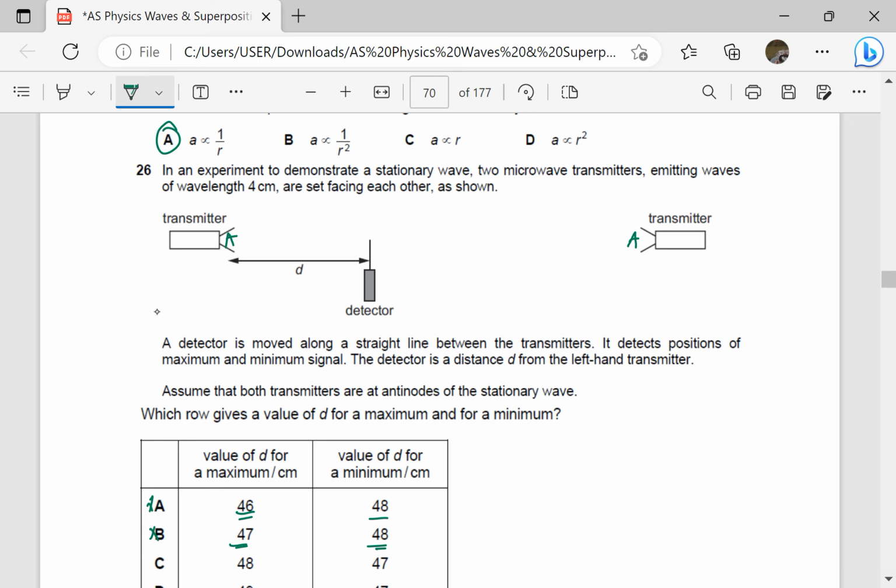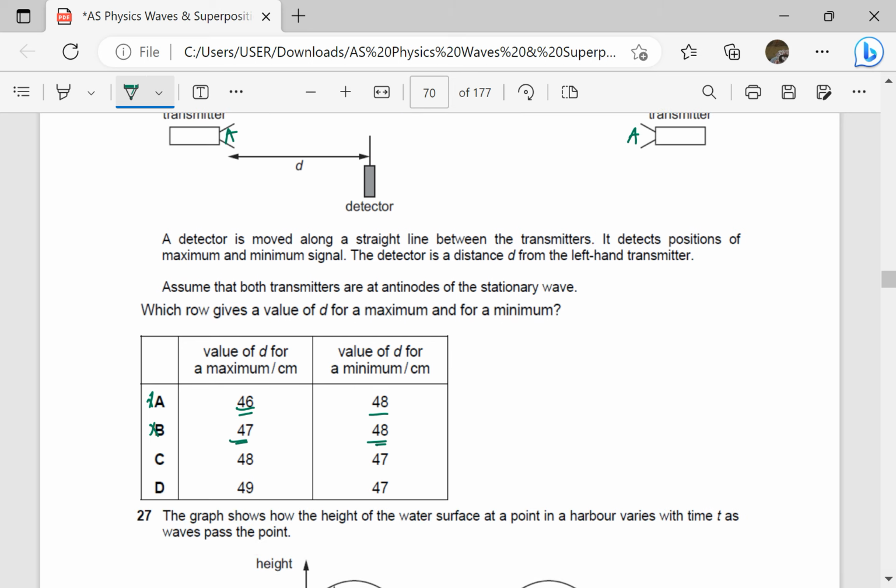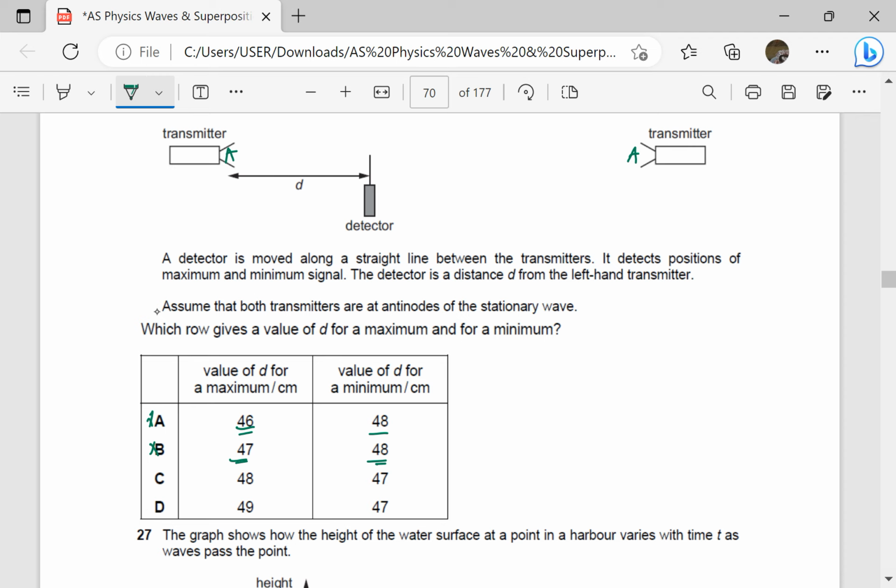Assume that both transmitters are at antinodes of the stationary wave. Which row gives a value of d for a maximum and d for a minimum? So if d for a maximum is 48 centimeters, then d for a minimum will be 47.